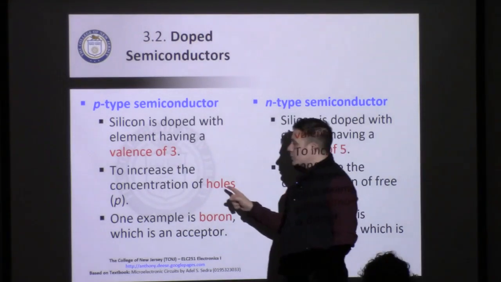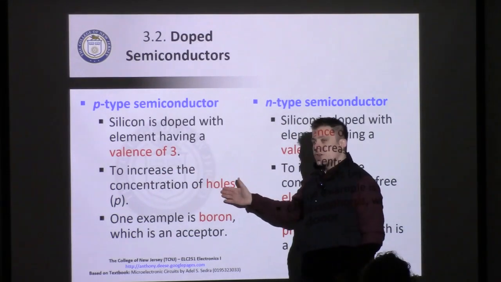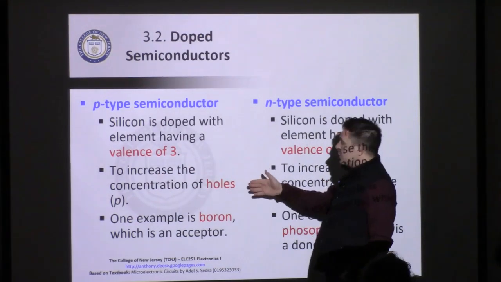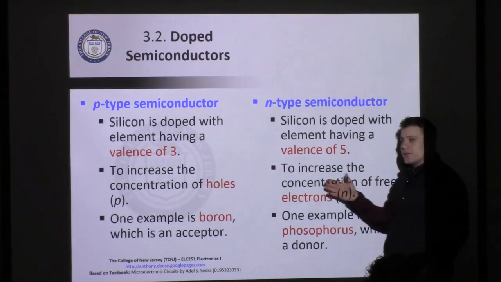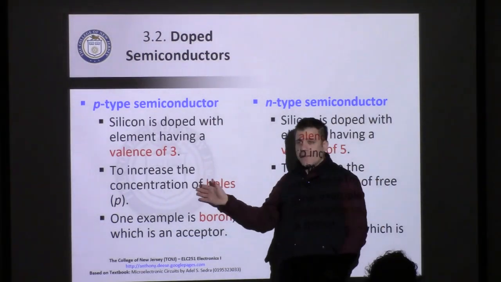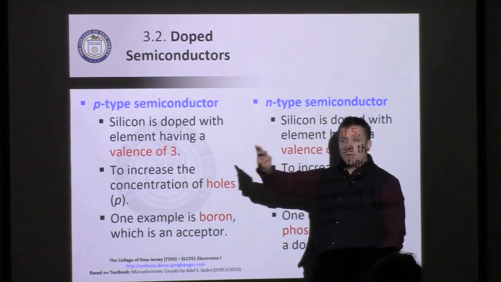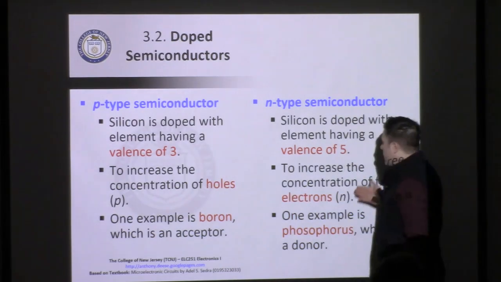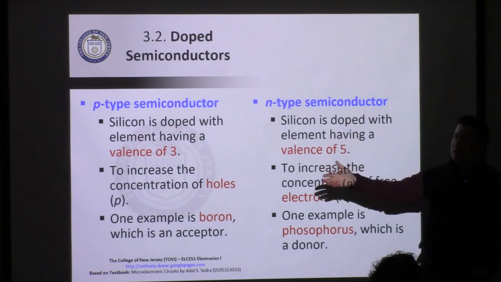To increase the concentration, for the P-type semiconductor, the goal is to increase the concentration of holes. And then in N-type, we're increasing the concentration of free electrons. Both have the same effect. When we have more available holes, it provides spots for electrons to travel through the lattice. When we have more free electrons, it makes electrons available for conduction.